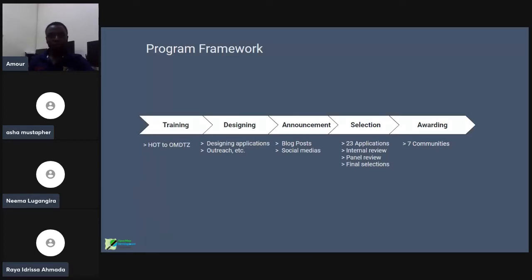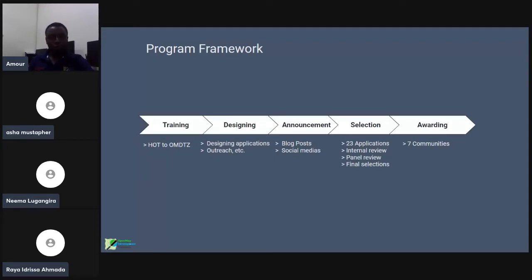But after that, all the applications were reviewed by the panel. And we have 4 amazing panelists from different countries here in Africa, 3 from outside Tanzania and one from Tanzania.